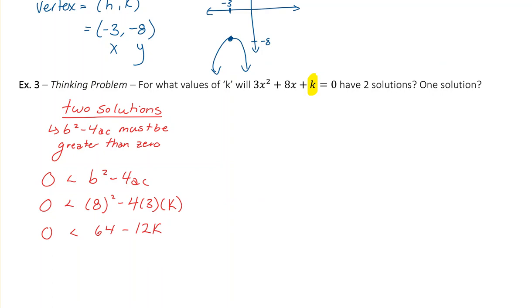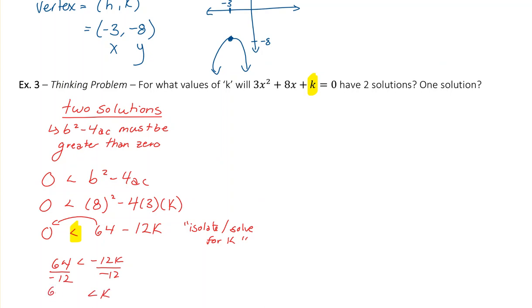At this point, you're going to want to treat this greater than symbol as an equal sign, and I want you to isolate and solve for k. Well, that means bring this over. This brings 64 equals negative 12k. Divide by negative 12, divide by negative 12.